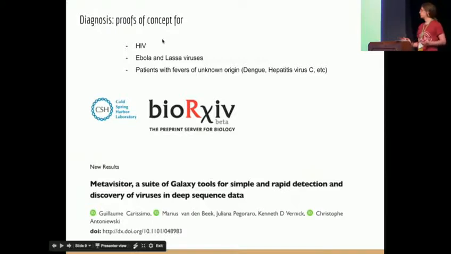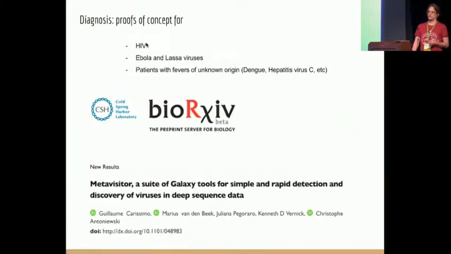It's on bioRxiv, and we have submitted it to PLOS ONE, I think. And there is a proof of concept on a study that had recently profiled cells from HIV patients.